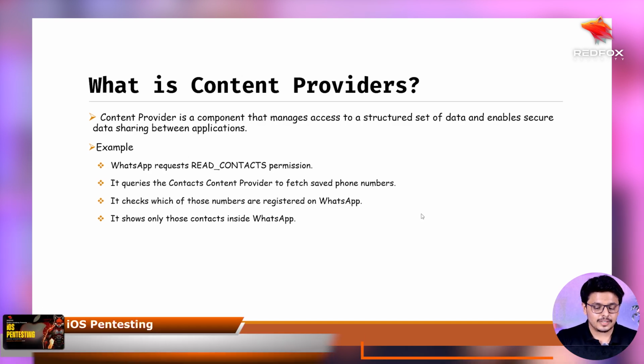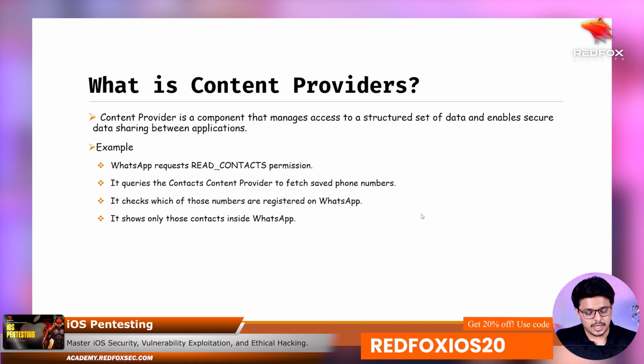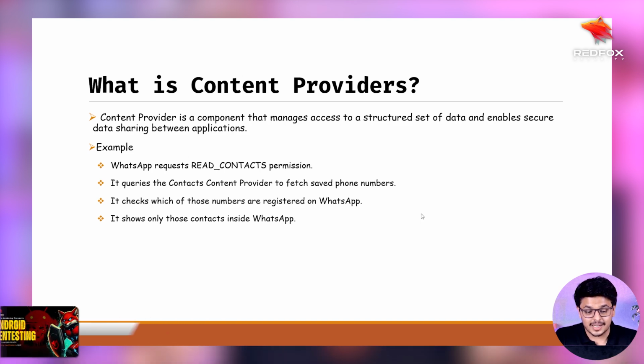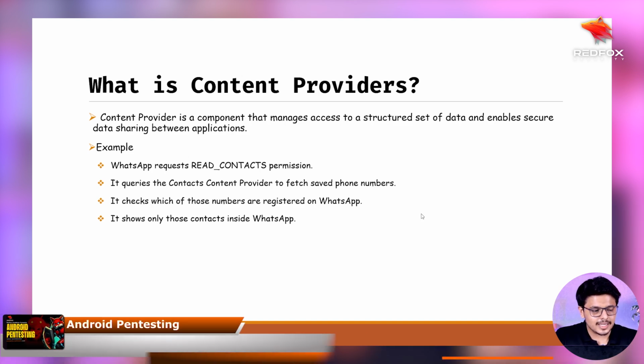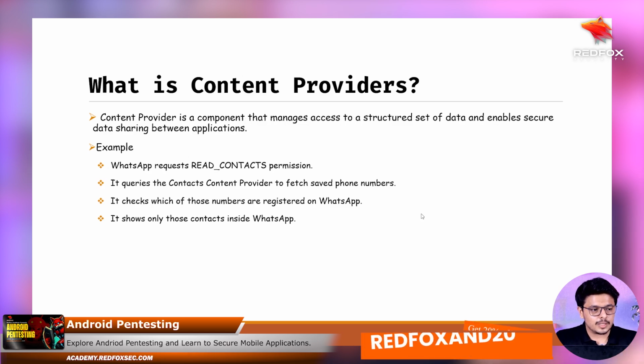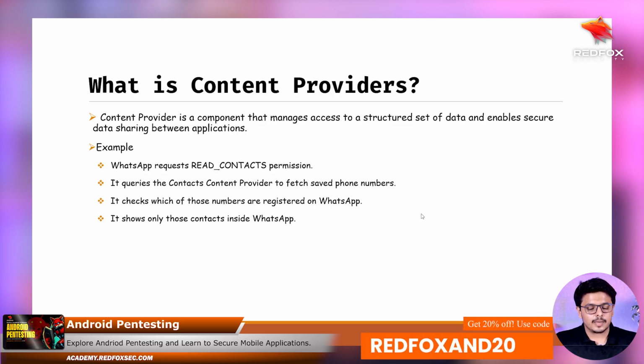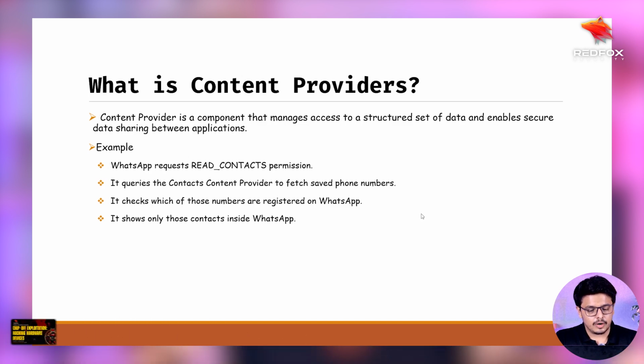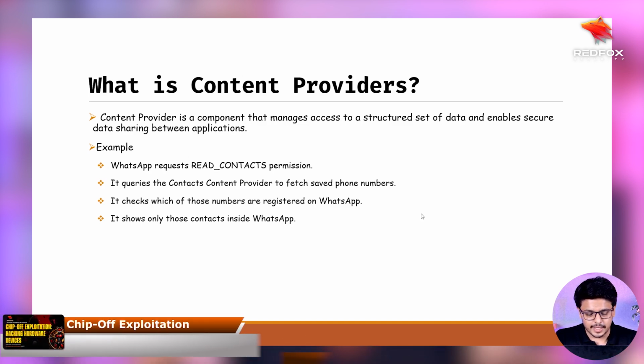And if those numbers have already been registered, it also gives you a prompt like, okay, invite them to be your friend. So this is one of the features WhatsApp has built using content providers. There are other examples as well. Let's suppose you have opened any other random application and it is asking if it can check your gallery or any kind of data stored on your device.